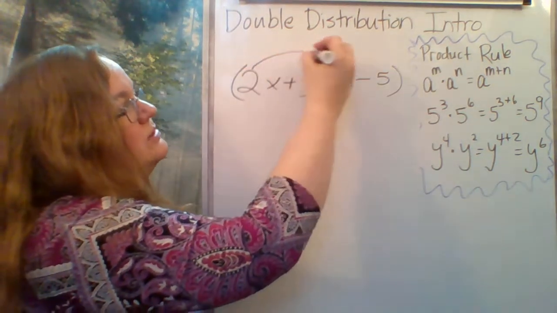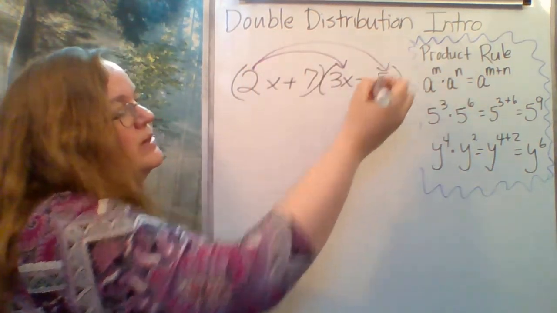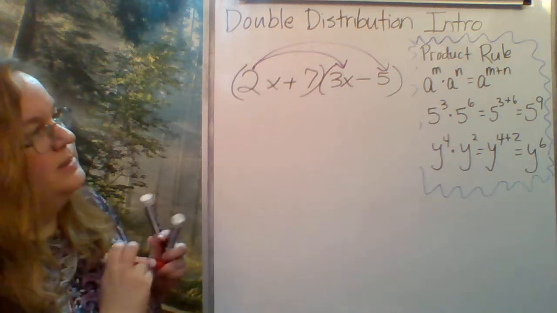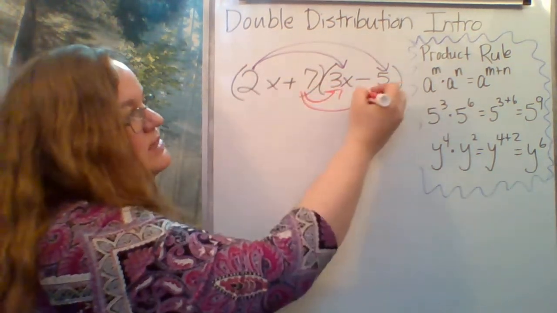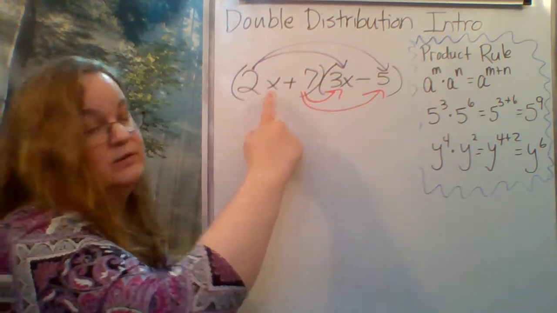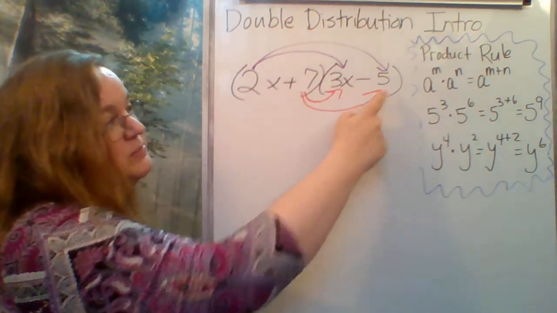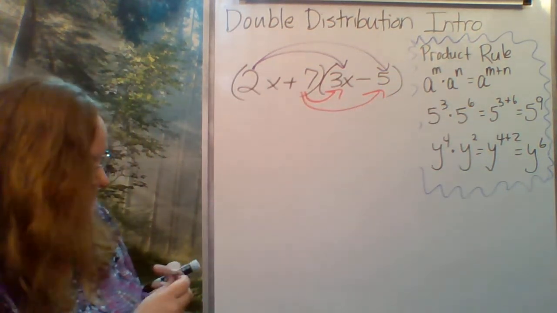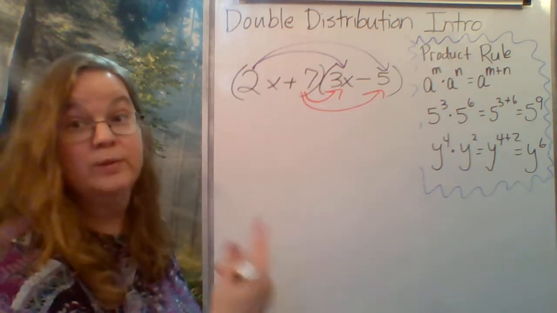So 2x times 3x and 2x times minus 5. And then I'm also going to be doing 7 times 3x and 7 times minus 5. So again, I'm taking the first term here, multiplying it by both terms, taking the first term and multiplying it by both terms in the other one. It's like having two separate distributive property problems within one problem.